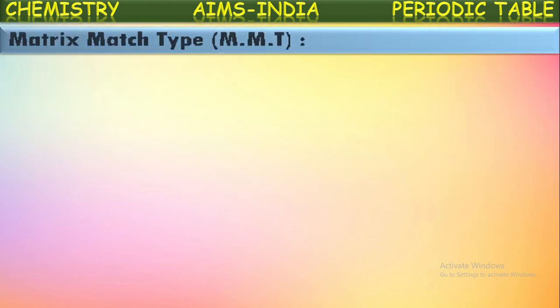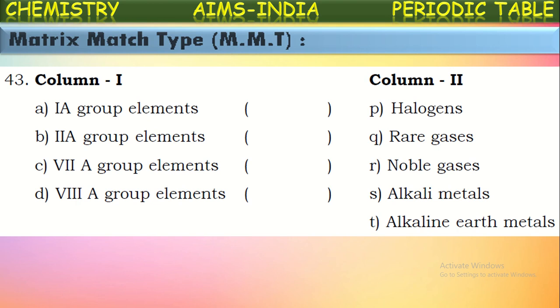Next, let us see matrix matching type questions. Some groups are mentioned in column 1 and their common names or special names are mentioned in column 2. Try to match these here. 1A group elements, what are they called? They are called alkali metals, isn't it?